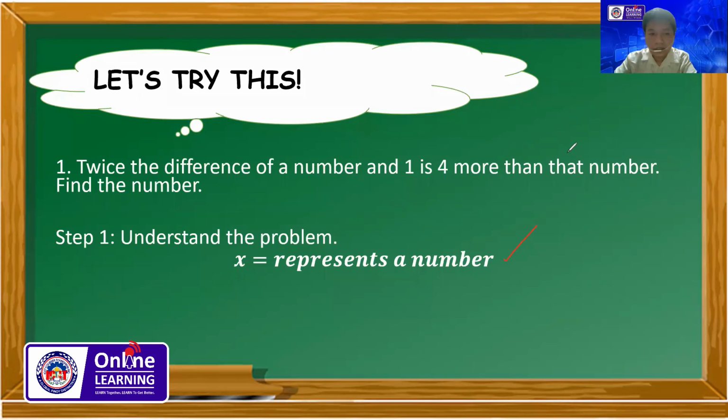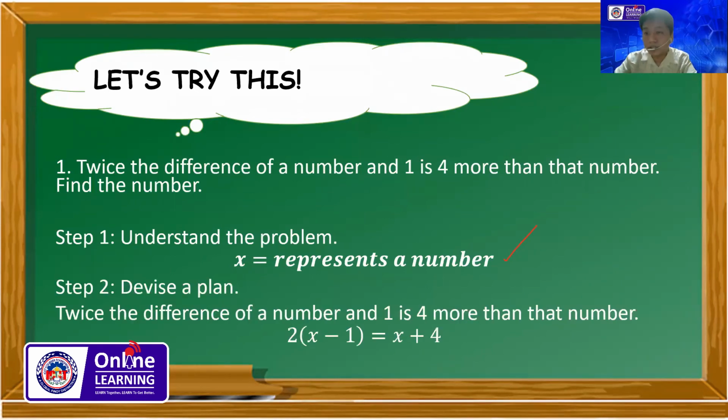Second step, devise a plan, or simply translate. We will translate twice the difference of a number and 1 is 4 more than that number into a variable expression. First we need to understand and at the same time analyze.